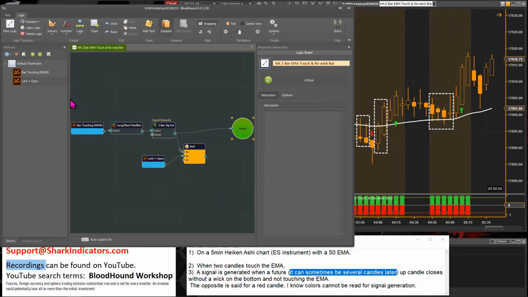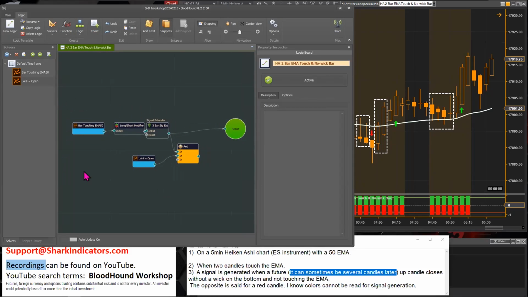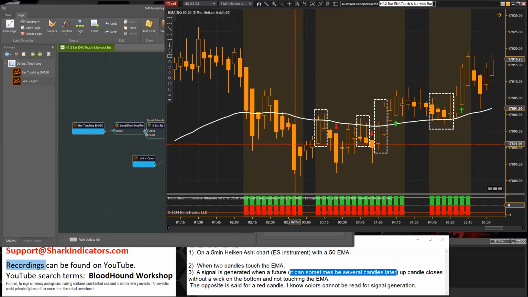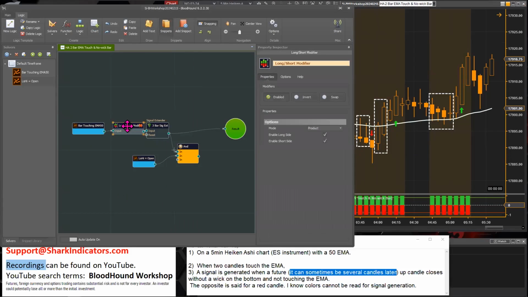Let me zoom out a little bit. When we're identifying the bars touching the EMA, we actually don't want a signal on those bars. The signal has to come afterwards. So we need to take those signals and shift them forward in time here.